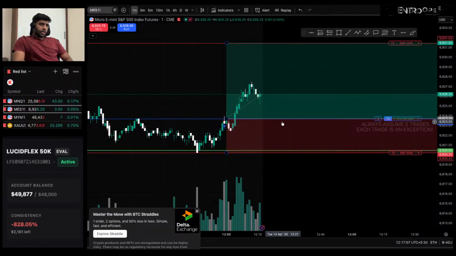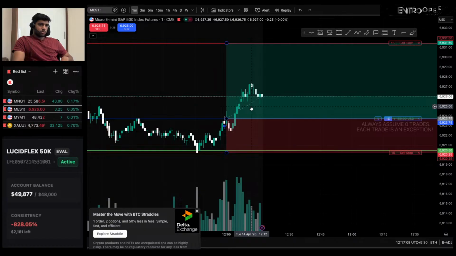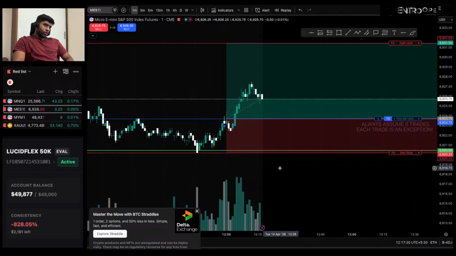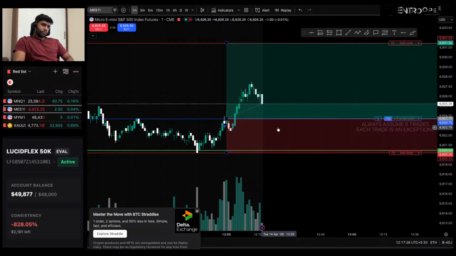If it breaks this high, I think I'll trail the SL right here to this low. But it's unlikely that it'll immediately break it before taking out this low because this move is kind of a CISD, although not purely CISD. So I think it will show the strength of that downward push a little bit more. Yes, there you go.